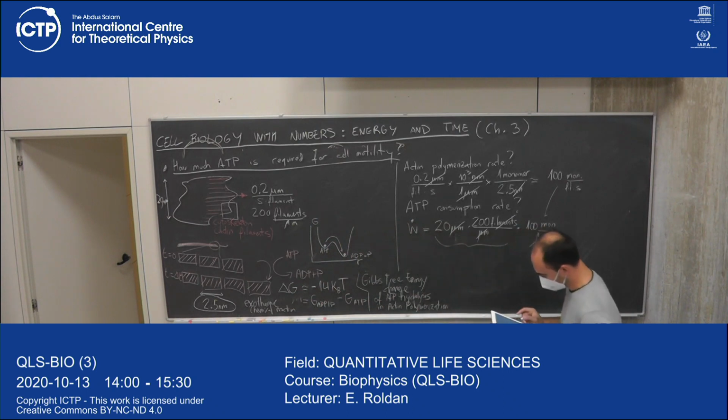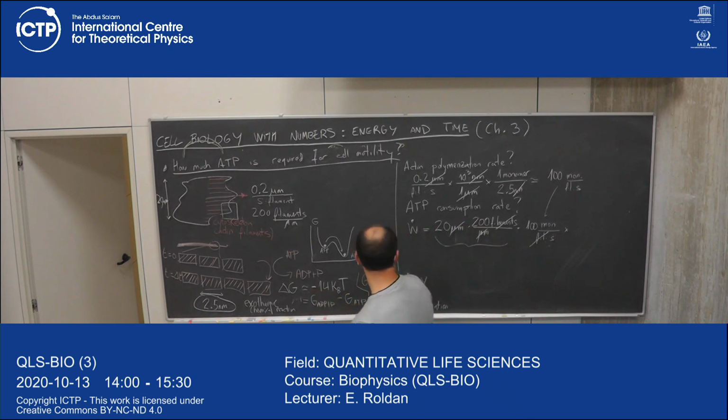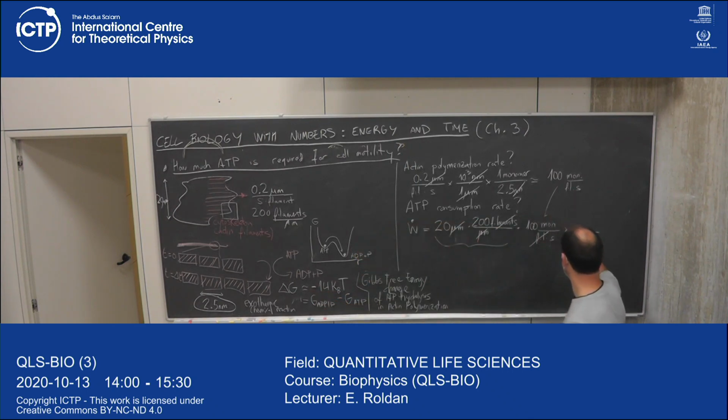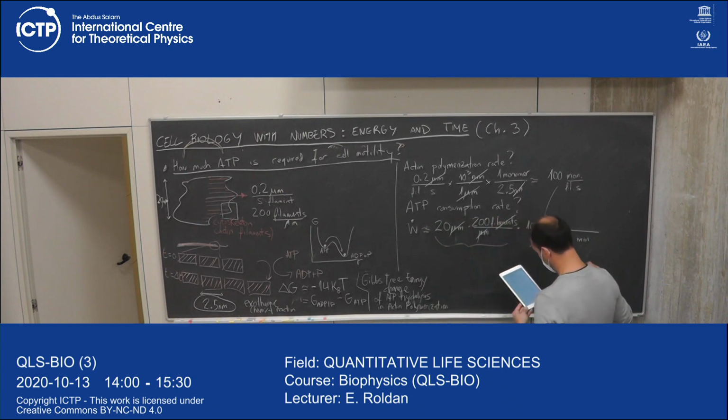And then it's almost ready, because now I should say each monomer needs that much energy. Per monomer, how much energy does it need? Around, again, this is an estimate, around 10 ATPs.